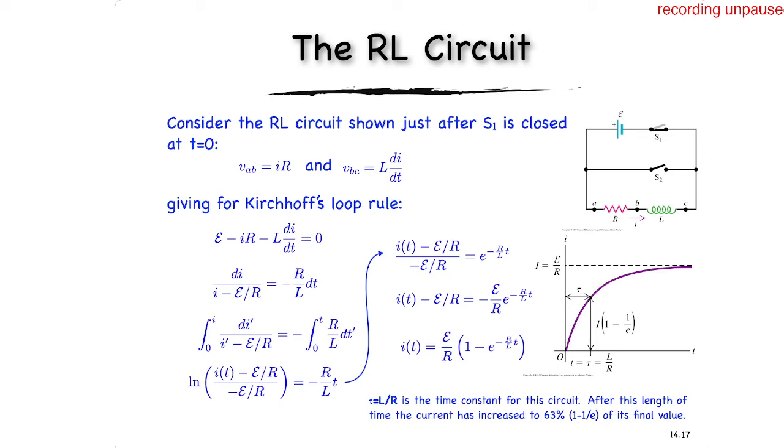But then, as the time increases, this exponential term gets closer and closer to 0, and the term in parentheses gets closer and closer to 1. Which means the current gets closer and closer to E over R. And so it has this asymptotic approach to E over R.